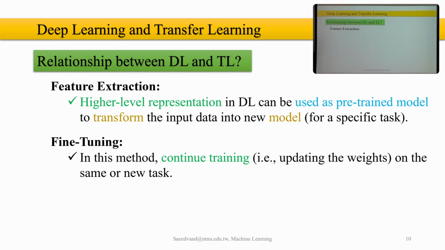Another element is feature extraction. It should be very clear that higher-level representations in a deep learning model can be used as a pre-trained model to transfer to a new model. What does it mean? For example, you have a multi-layer deep learning model.